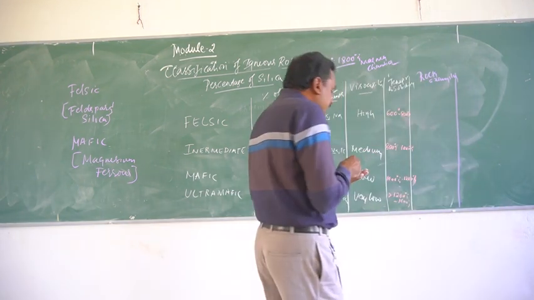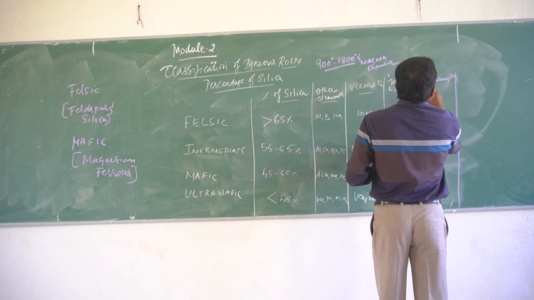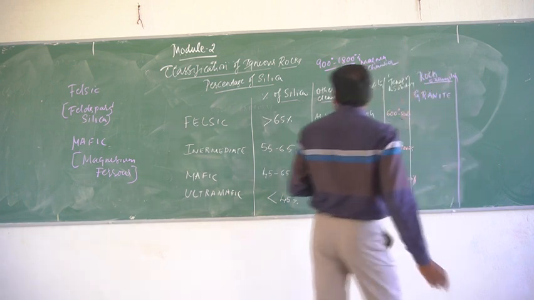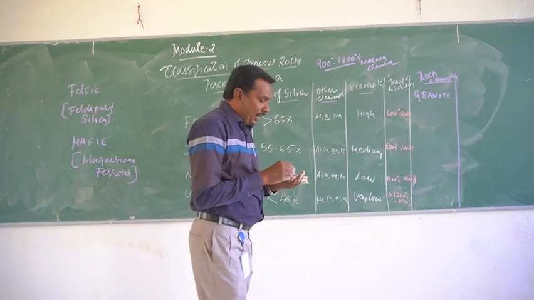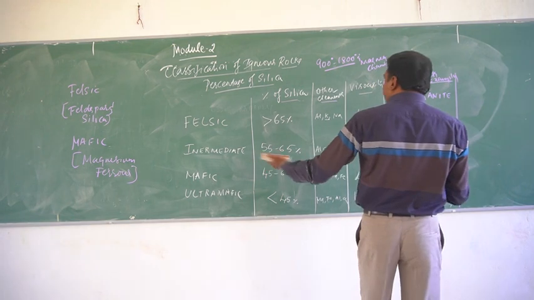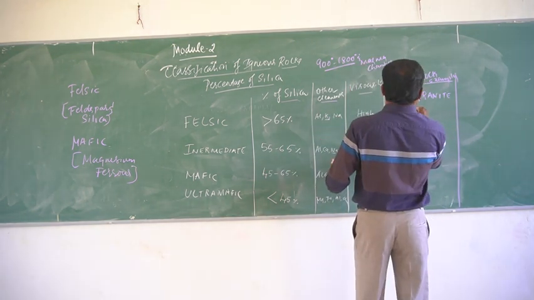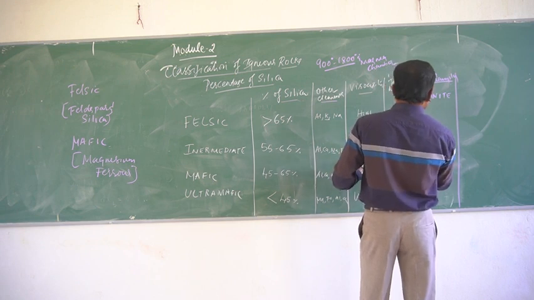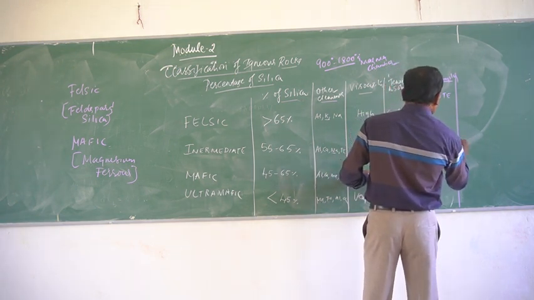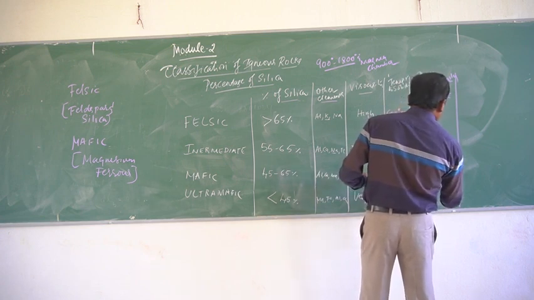Okay. The felsic is nothing but granite, which is the best example for felsic. Next, for intermediate, diorite. For mafic, gabbro.